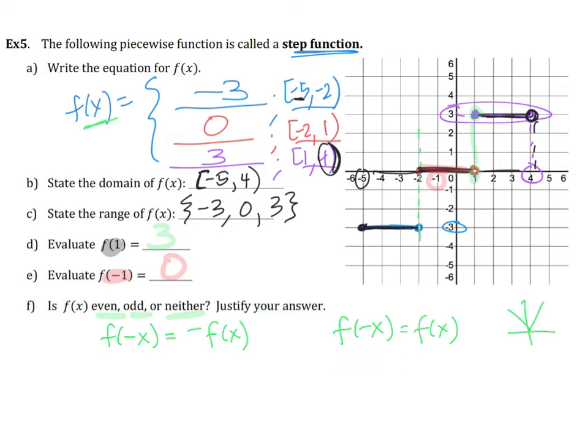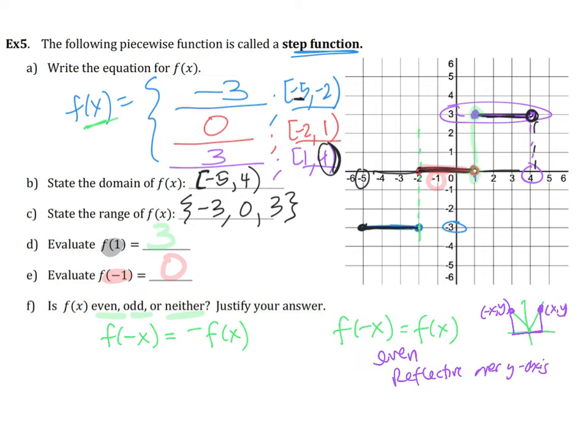An absolute value function is an example of an even function. When I put in the opposite of the x value, I get the same y value. That's going to be an even function. It's reflective over the y-axis if you're looking at it graphically.